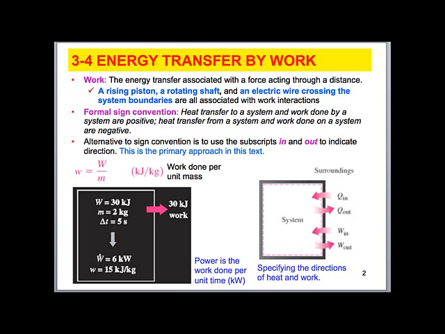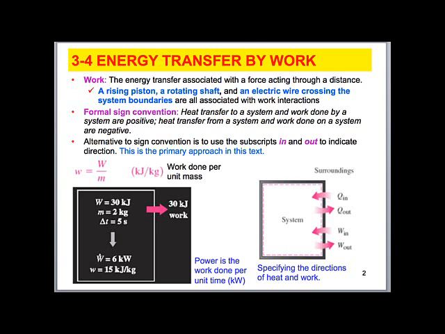Now there are a lot of different sign conventions, depending on the text that you're using. For example, in this text they use subscripts of in and out to do our energy balance.